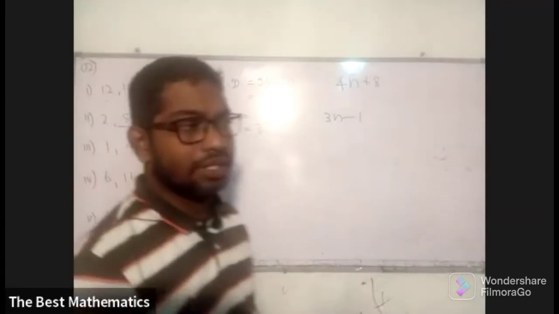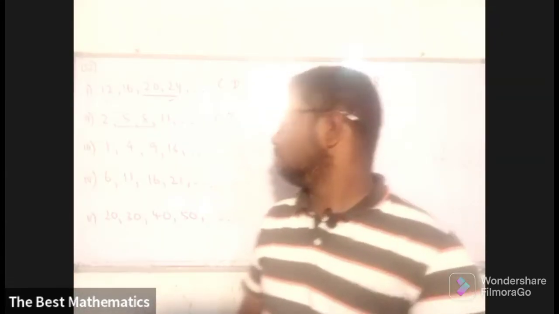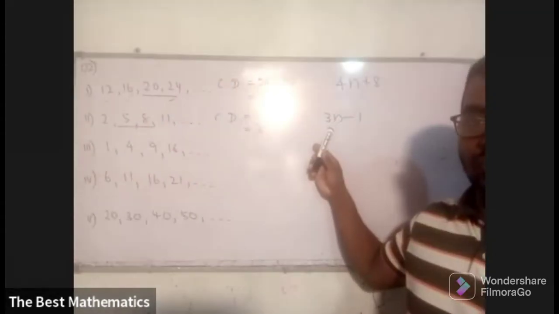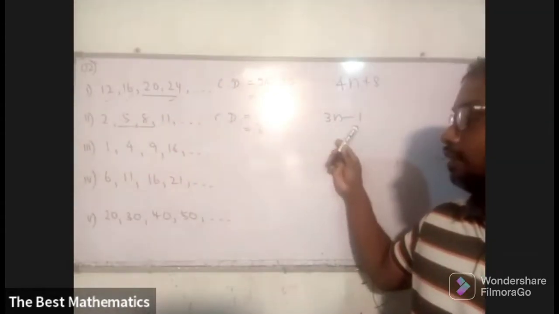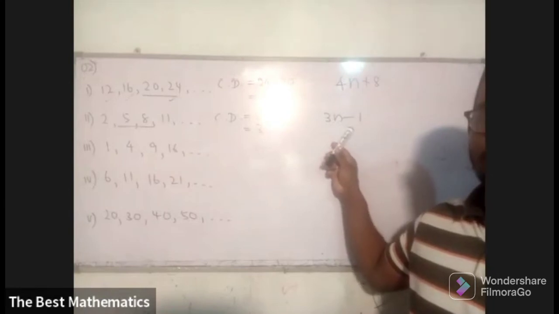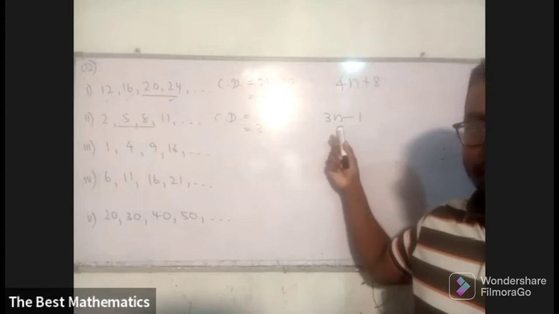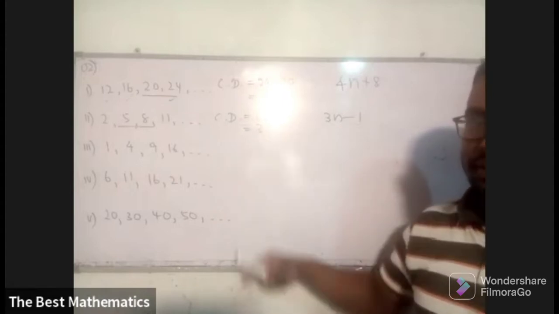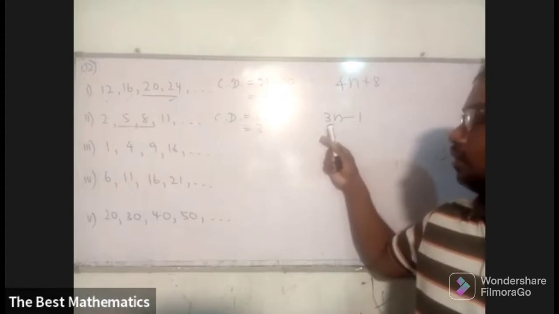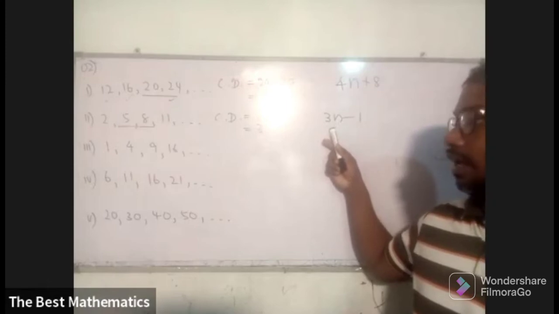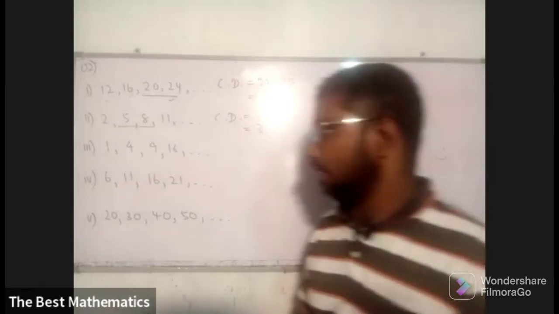Shall we check this general term for the second term also? Yes. 3 times 2 minus 1: 3 times 2 is 6, minus 1 is 5. For the third one also, 3 times 3 is 9, minus 1 is 8. For the fourth term also, 3 times 4 is 12, minus 1 is 11. Yes.